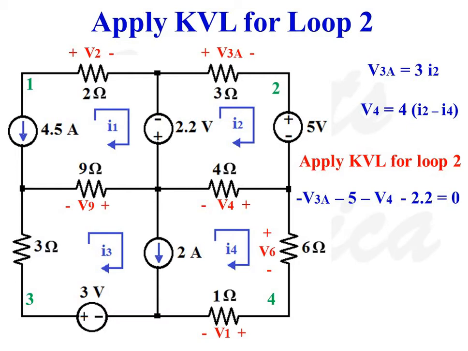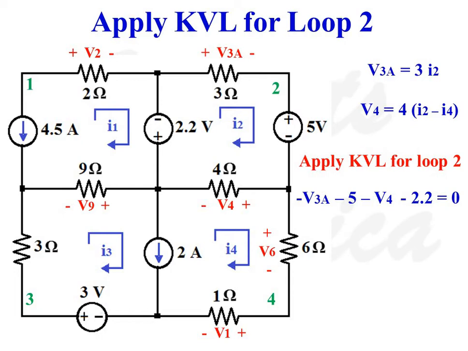As mesh current is taken in the clockwise direction, when we consider voltage drop across 3 ohms resistance V3A, as we move from positive potential to negative potential, that term should be taken as negative. When we consider 5 volt source moving in the clockwise direction, as we move from positive potential to negative potential, that 5 volt source should be taken as minus 5.